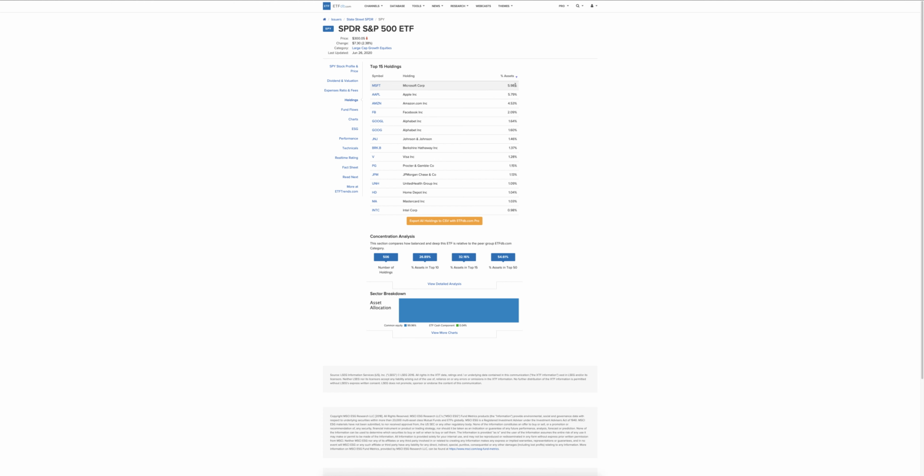So here you go, Microsoft is almost 6%, Apple the same, Amazon, Facebook, Google. So those ones there make up 21% of that overall ETF. So obviously there's another remaining 80%, but of those 80%, there are weak and strong sectors.